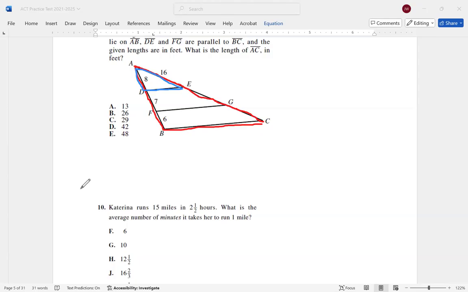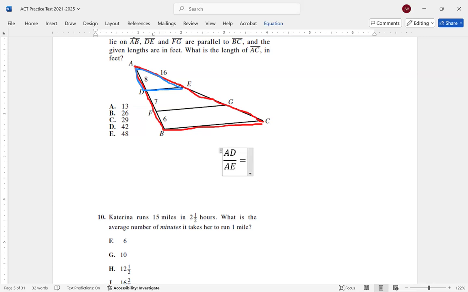So what we can do is create a proportion where the length of AD compared to the length of AE is the same as the length of AB compared to the length of AC.